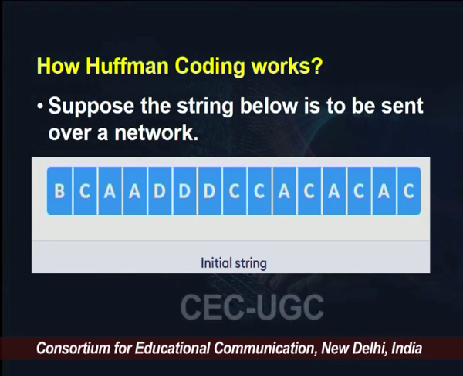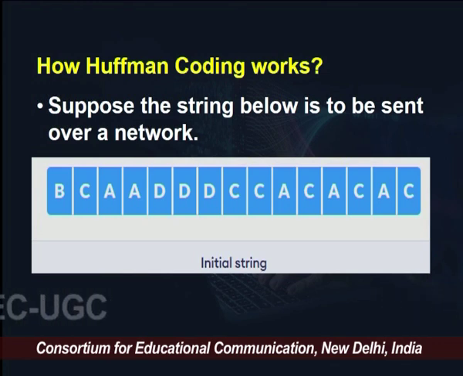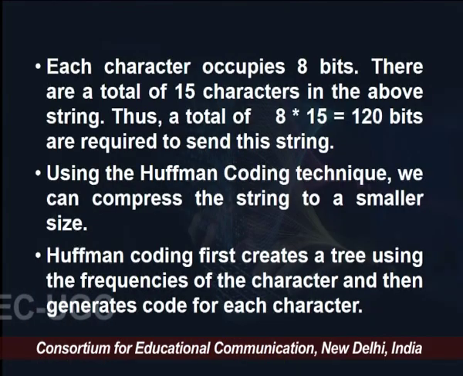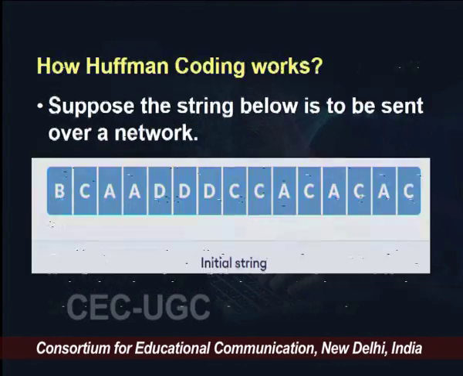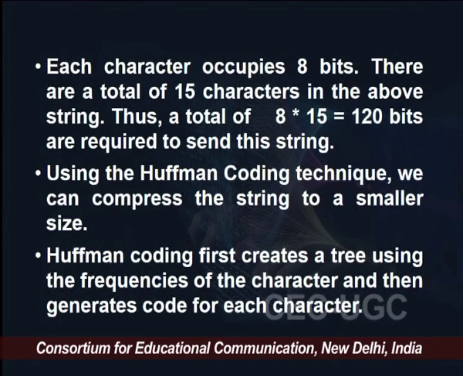Here we have taken this as the initial string, and the 4 characters A, B, C and D have different frequencies. Each character, in terms of memory, occupies 8 bits, and in this initial string there are 15 characters.